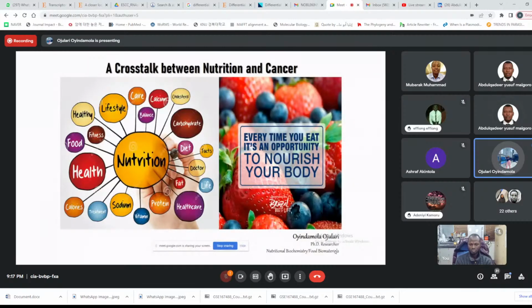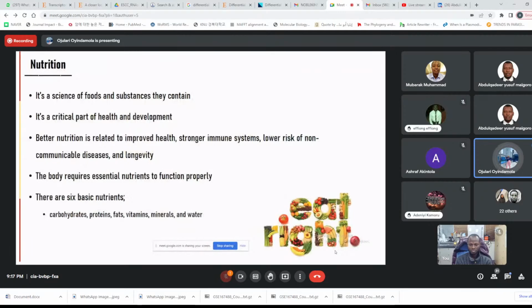So my presentation today will be a crosstalk between nutrition and cancer. I'm sure we are all not new to the word nutrition and also probably not new to the word cancer. So the aim is to simplify what our nutrition can do to either prevent or cause cancer.